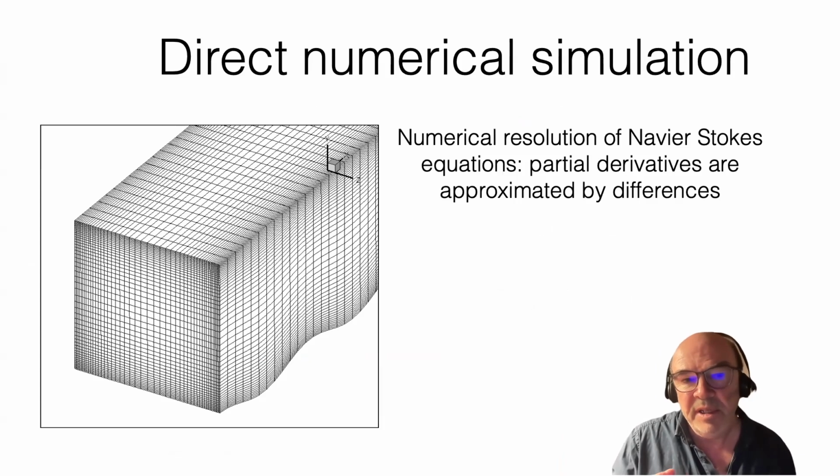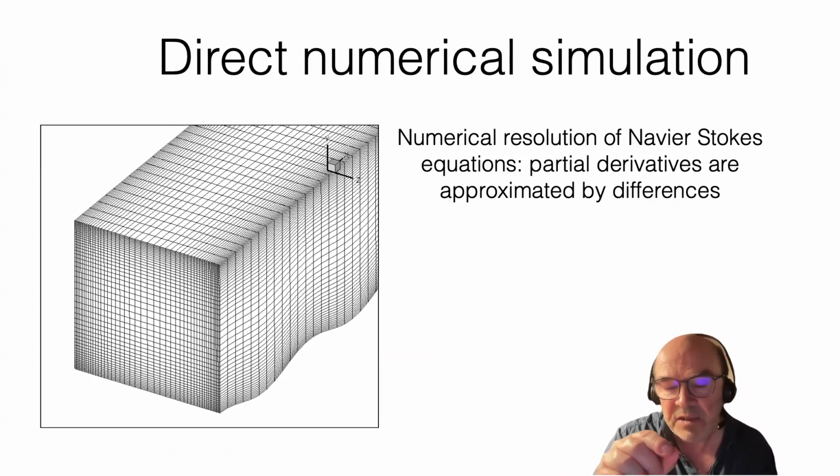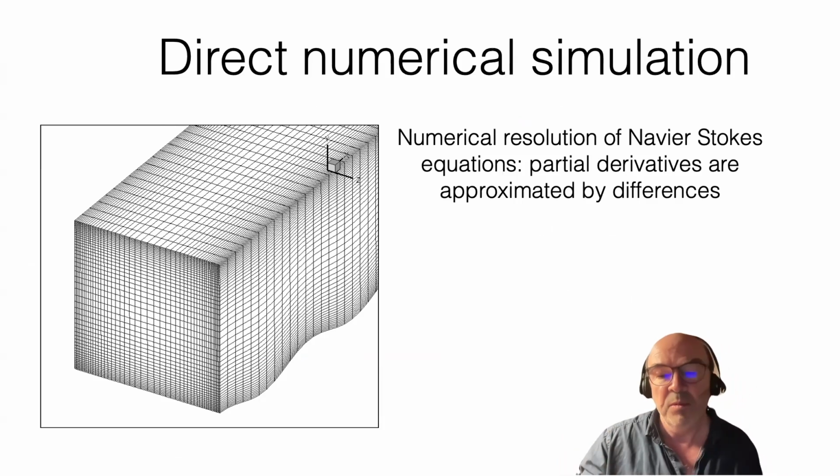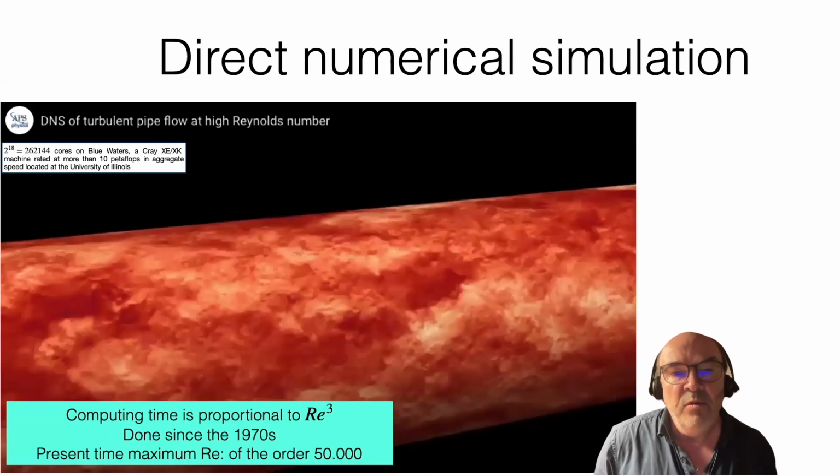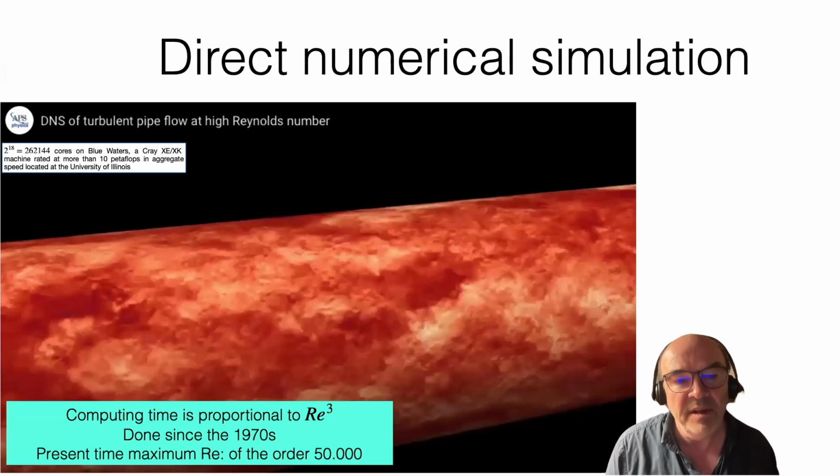For example, typically the grid size will be a millimeter, because you need to compute the partial derivatives at a very small scale. And then you can produce a very realistic simulation of turbulence. This is really time consuming in practice, so it can be done with quite realistic simulations only recently. Why is it time consuming?